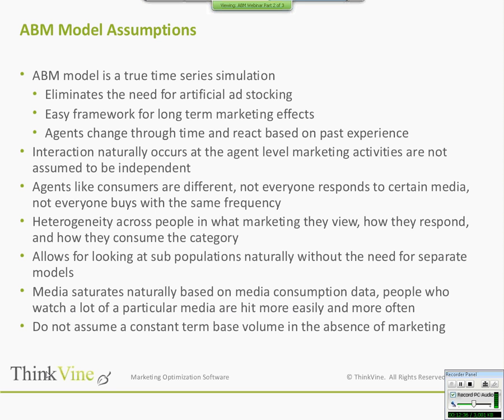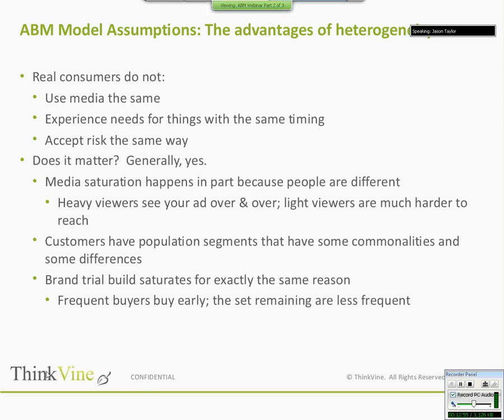We don't generally believe that's the case most of the time. As you go dark, over time your purchases are going to get filtered by other brands in the category, and you're going to start to decline. So we don't need any sort of constant term in our model to explain what happens when marketing goes dark.